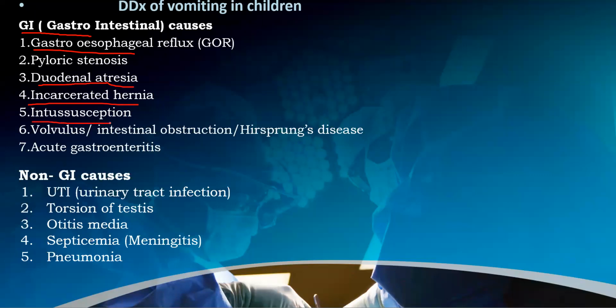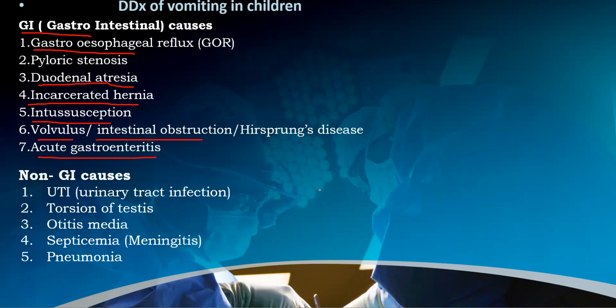Intussusception mainly presents with intermittent screaming, and the child will draw their legs up to the chest as if they are in severe pain. Then intestinal obstruction, volvulus, they don't have any typical pattern, but most of them will have vomiting.